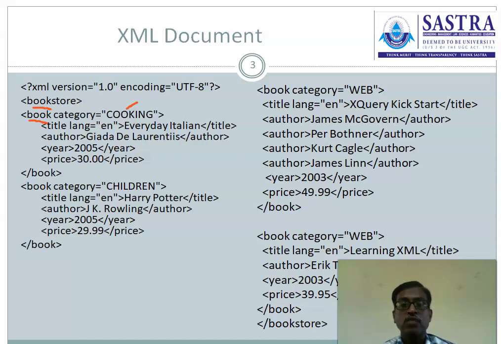And then title, language equal to EN, Everyday Italian, and then author, year, price. And another category, children category, is included here, Harry Potter, year 2005 and $29.99. And then book category web, and another book also comes under the web category. So we have different book categories, title, author, year, price. This particular XML file we are going to refer to throughout the session.